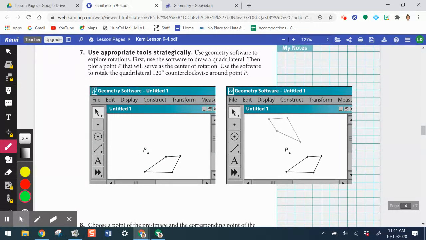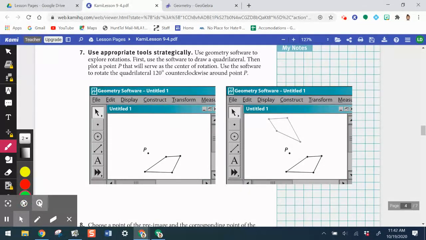That's a four-sided figure, not necessarily, in this case, a square, rectangle, trapezoid, or rhombus, none of those, but just a four-sided figure. Then plot a point P that will serve as the center of rotation. Use the software to rotate the quadrilateral 120 degrees counterclockwise around point P. So I'm going to show you how to do that with GeoGebra.